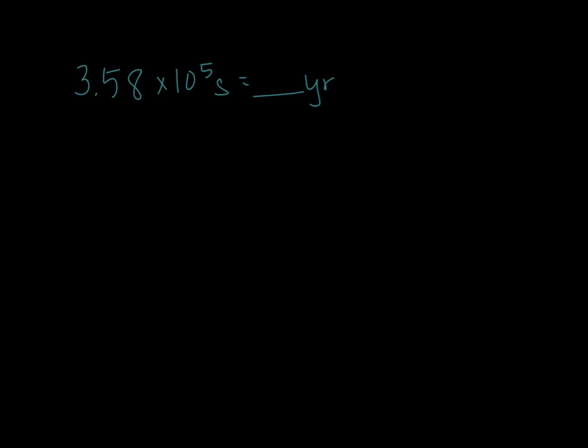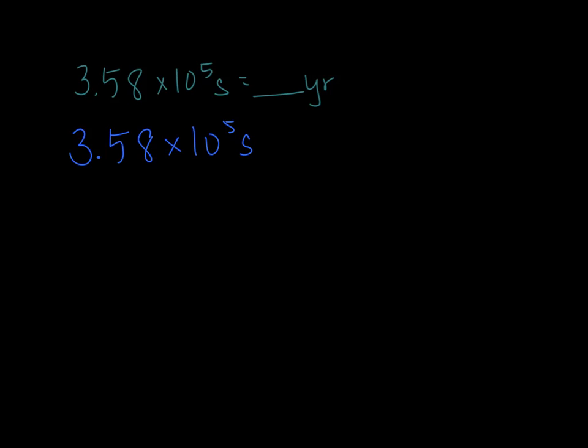So now I have 3.58 times 10 to the 5th seconds, and I want to know how many years that is. The first thing you do is write down what's given to you. So I have 3.58 times 10 to the 5th seconds. And then I have to come up with a plan. In order to go from seconds to years, there's a lot of units I have to go through.